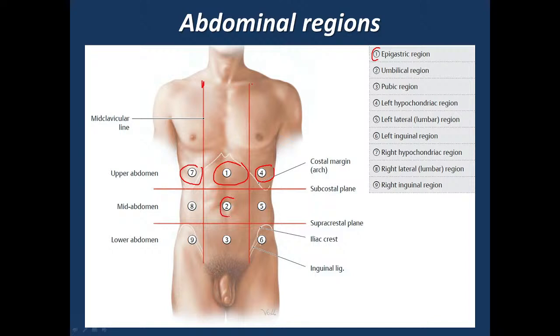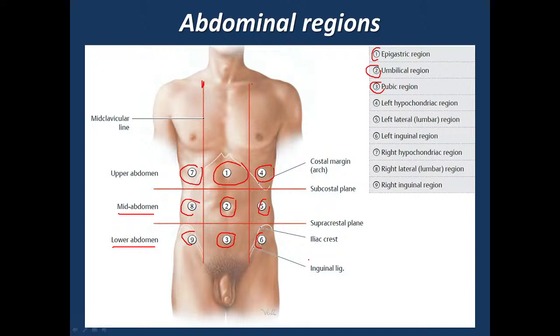Then in the center we could see the umbilical region, and the lateral parts are the left lateral and right lateral regions in the mid abdomen area. And finally, the lower abdomen area has the unpaired pubic region and the right and left inguinal regions.